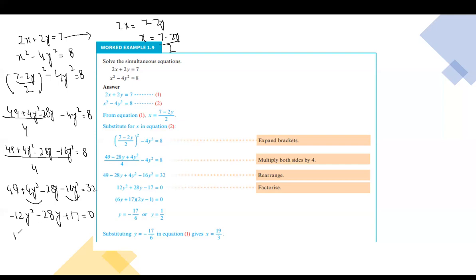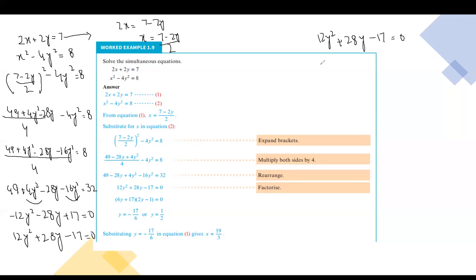Taking minus common, so it must be 12y square plus 28y minus 17 equals 0. Now doing middle term breaking, 12y square plus 28y minus 17 equals 0.